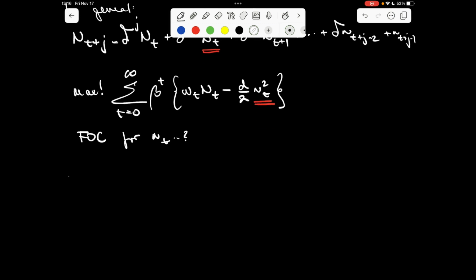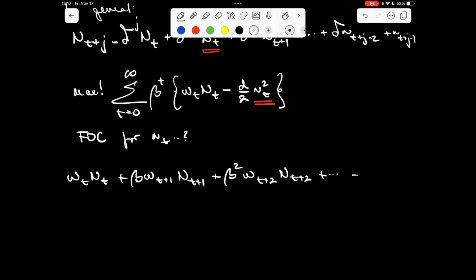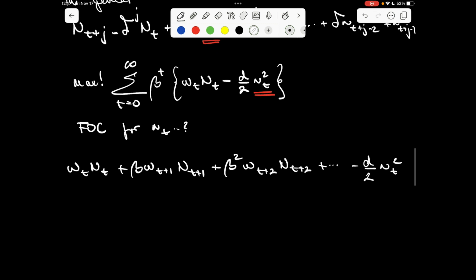So let's expand this objective function. It takes some recursion again, but no problem, it's really nice. It goes to infinity, it's an infinite sum, and finally this term closes the sequence.